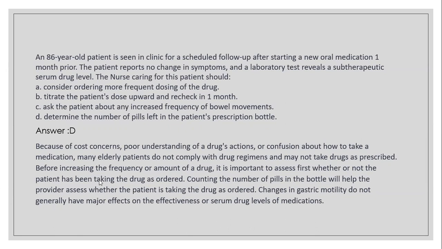Also, counting the number of pills in the bottle will help the provider assess whether the patient is taking the drug as ordered. Changes in gastric motility do not generally have a measurable effect on effectiveness or serum drug levels of the medication.